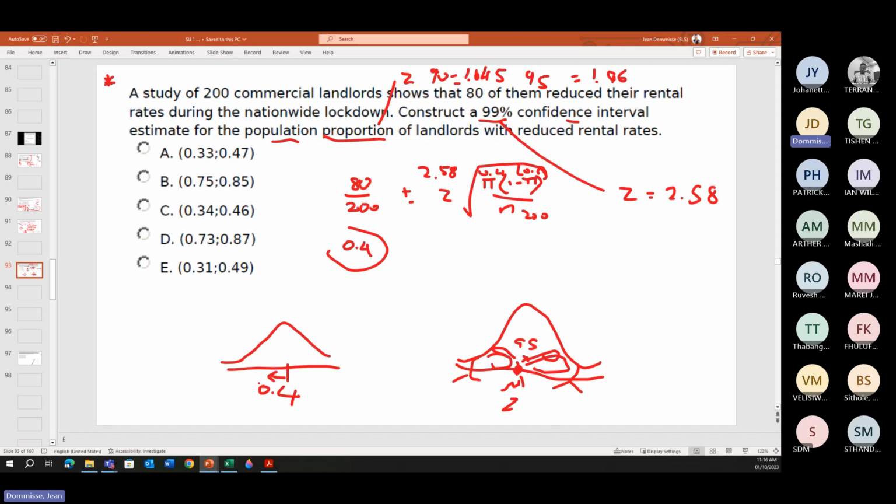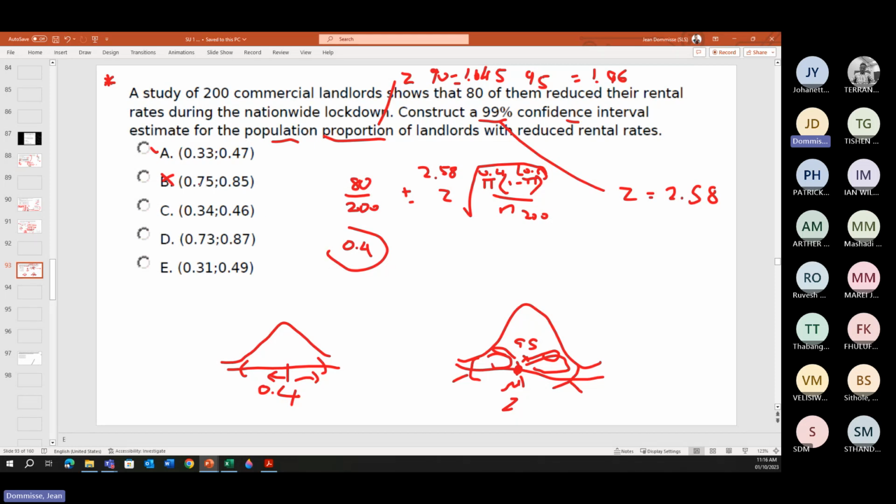It must be a number smaller than 0.4. And on this side, my upper one will be a number bigger than 0.4. So let's look at the options: smaller than 0.4, bigger than 0.4. 0.75 is not smaller. So B is definitely not the option.